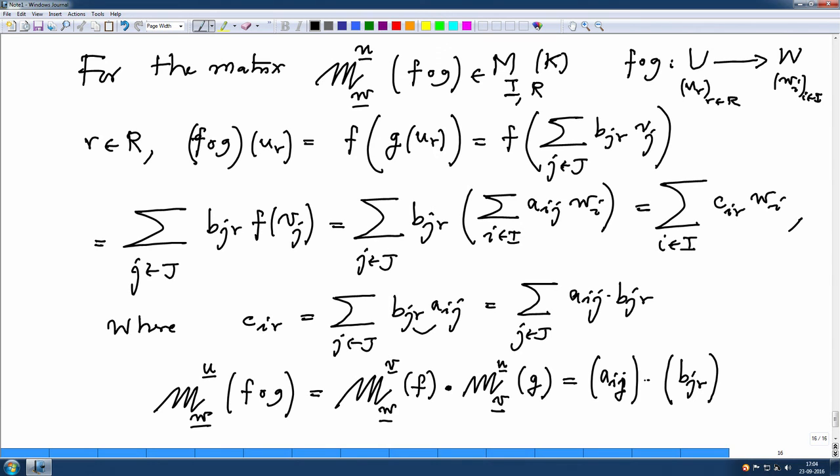So, the definition of the product of two matrices I want to define by this formula. For that, first of all, we require that the column index of the first matrix should be the same as the row index of the second matrix. Then we multiply the entries of each row and column and sum them up, and that will be called the I R th entry of the new matrix.